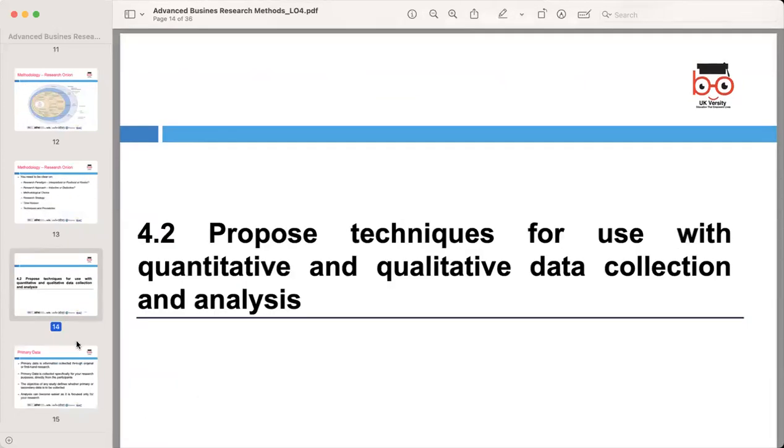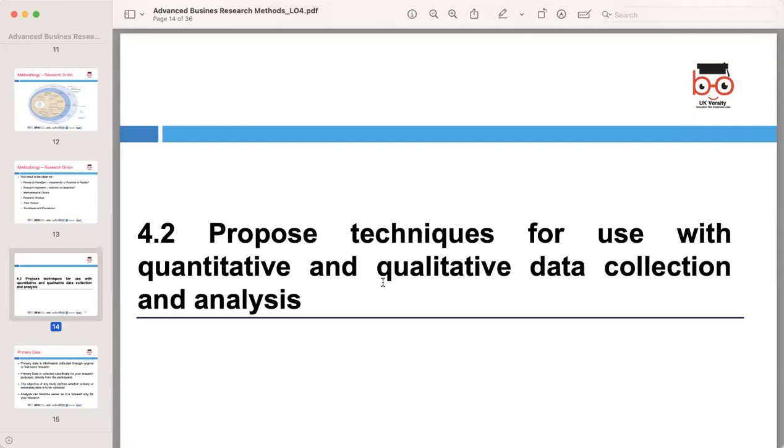So the next one is purpose, techniques for use with quantitative and qualitative data collection and analysis. So here he's discussing techniques for collecting and analyzing data using both quantitative and qualitative methods. Whether you are conducting research or working on your project, these techniques will help you gather valuable information and make informed decisions.